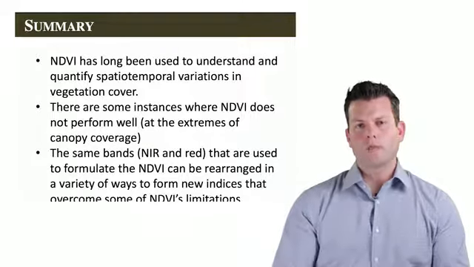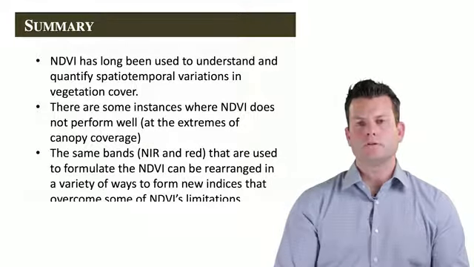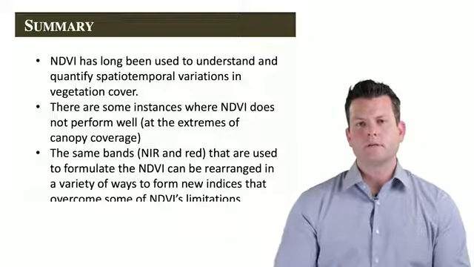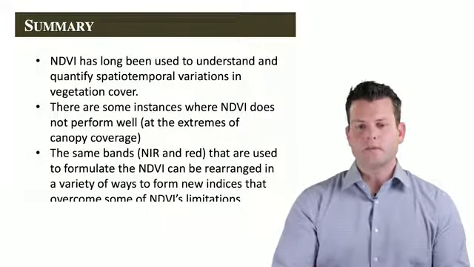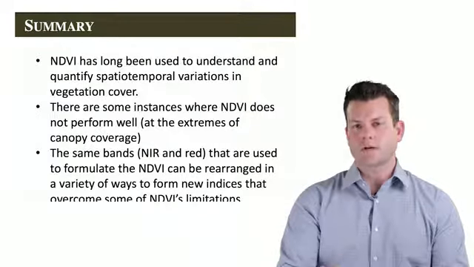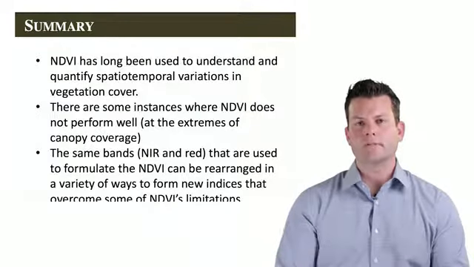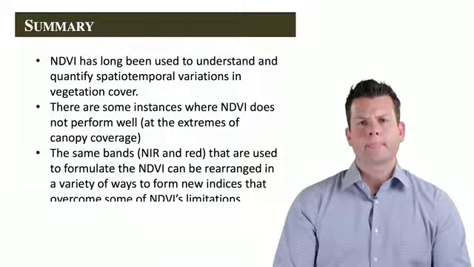And what's great about the solutions is that everything I've shown today uses the near-infrared and the red bands, just like the NDVI does. And so you can take an NDVI sensor, obtain the raw values of the near-infrared and the red reflectances, and reformulate them in one of these indices, or there's several others that are available that I haven't covered today, to try and work around some of the limitations of NDVI.